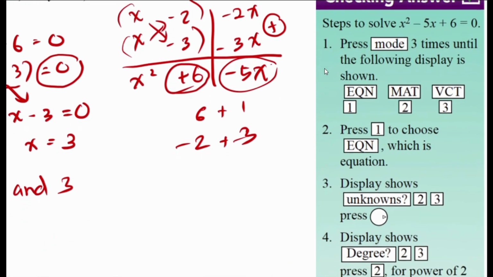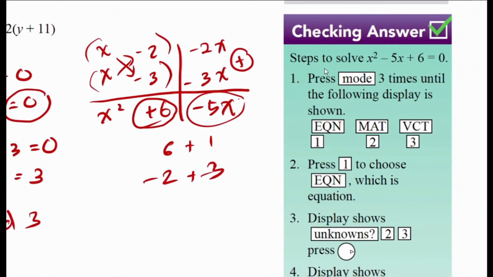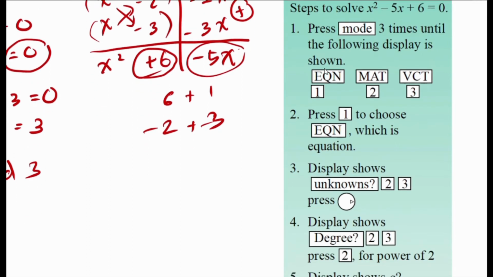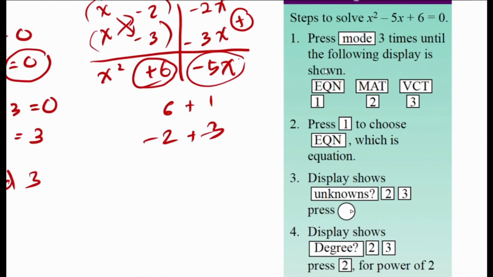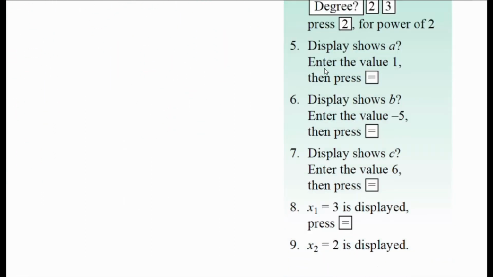Also, in the next video I will teach you how to check your answer, whether you factorized the quadratic equation correctly or not, by using a calculator.